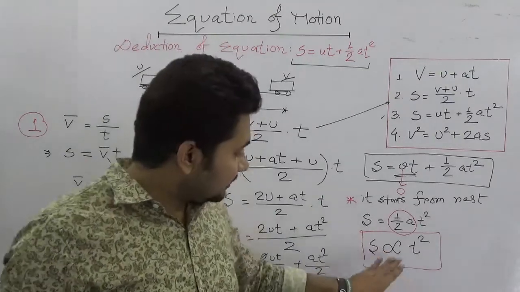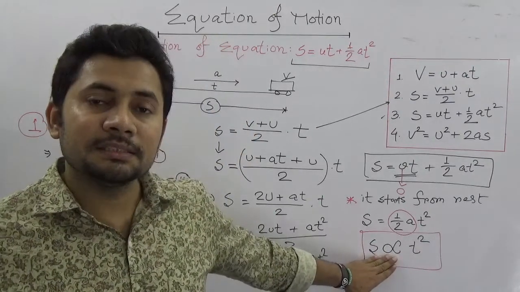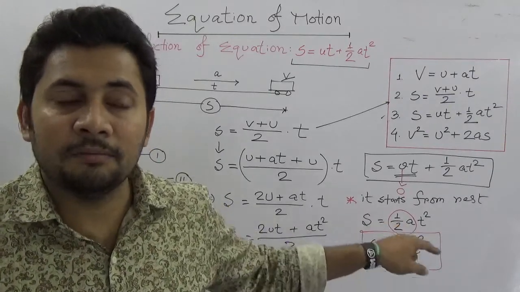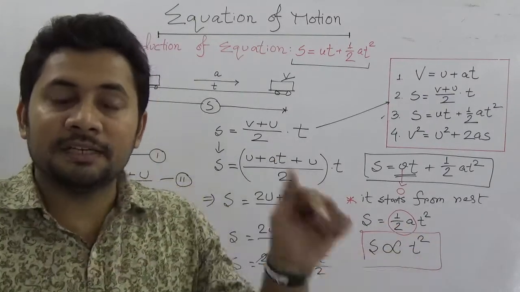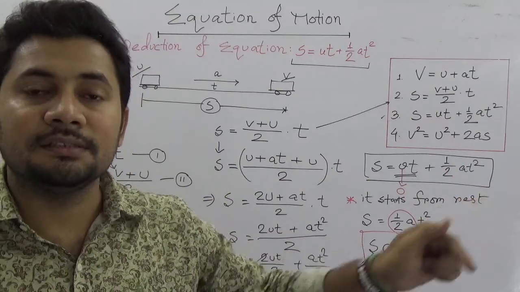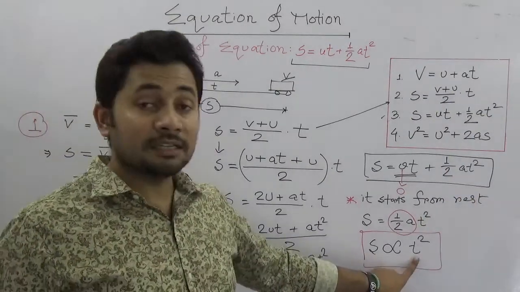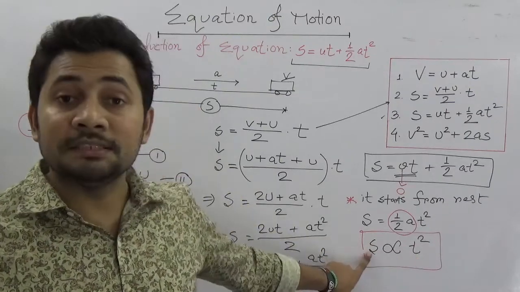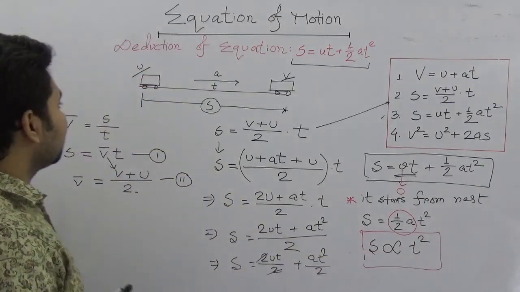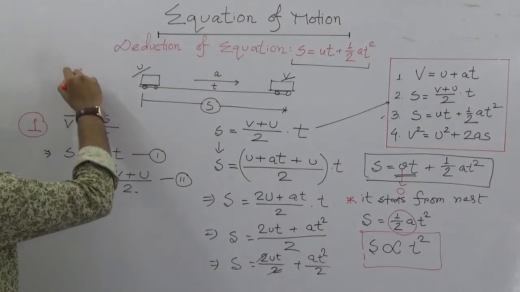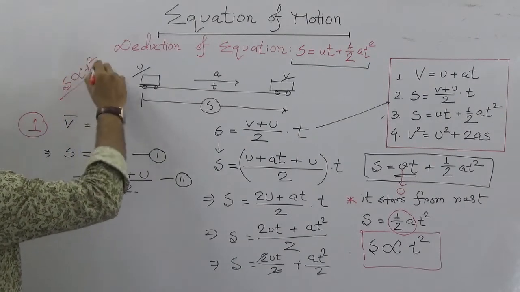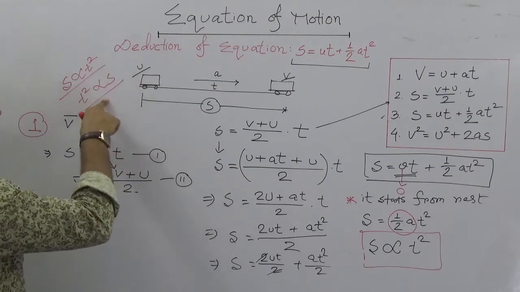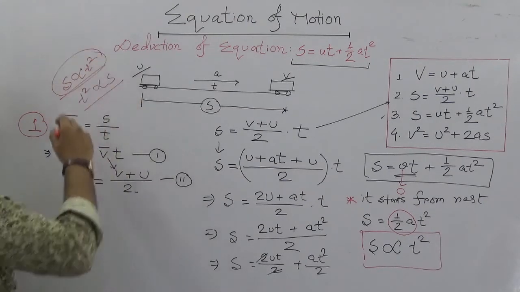This relationship means that displacement is depending upon time. When time increases, displacement increases. This is the dependent variable and time is the independent variable, because when I write that S is proportional to t squared, I cannot write that t squared is proportional to S. That is completely a different thing.